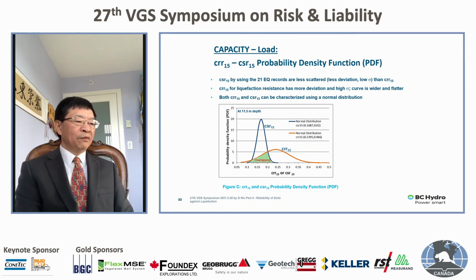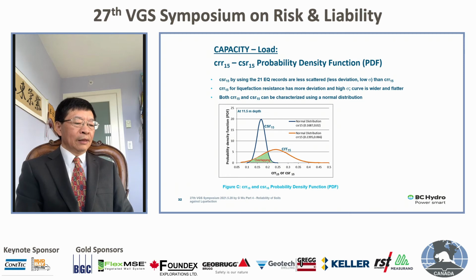So now you have done this comparison, derivation of the probability distribution functions for each of the load and capacity. And now if you plot the probability density function, which is different from the probability distribution function, the PDF for the load is shown in blue, and the PDF for the capacity is shown in orange. So the blue is CSR, which is cyclic stress ratio, and the orange is CRR, cyclic resistance ratio.